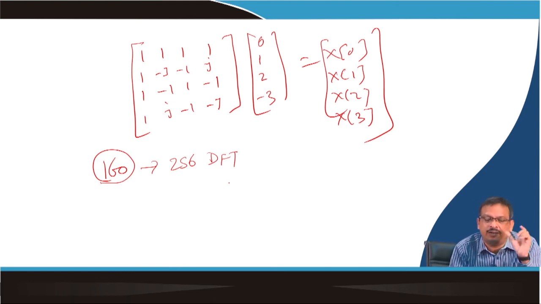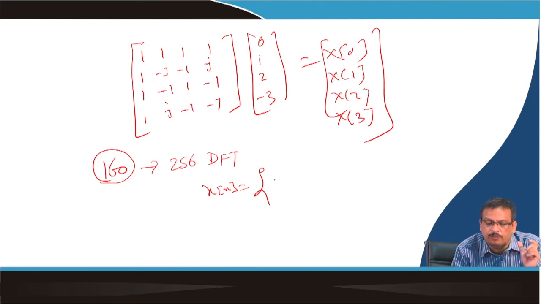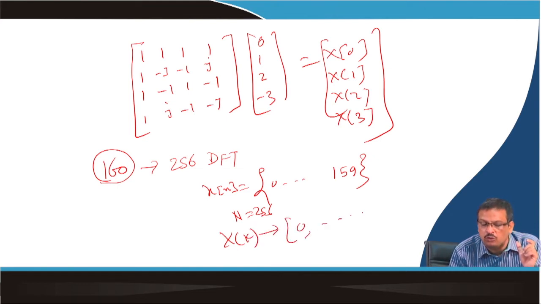So I collected 160 samples, so my x of n varies from 0 to 159. I have to compute the N equal to 256 point DFT to get x of k, which consists of 0 to 255 values.